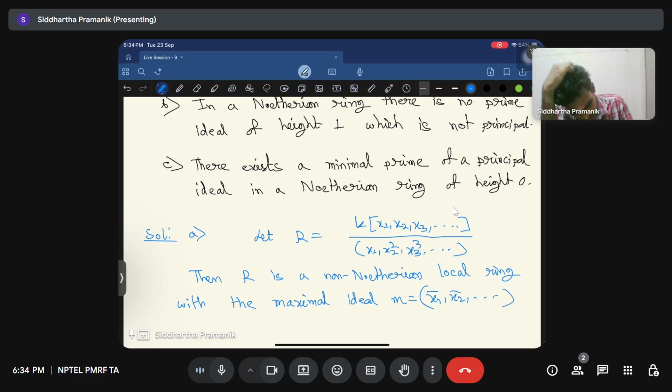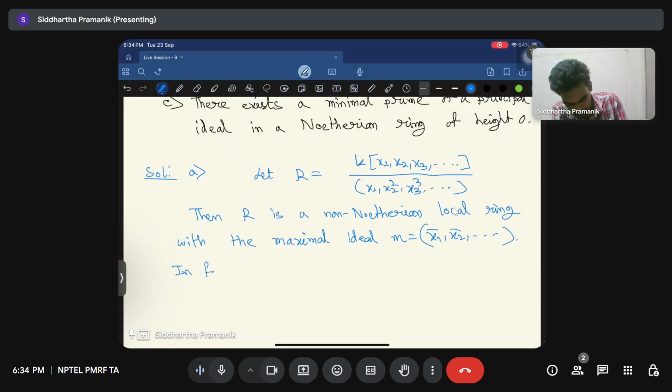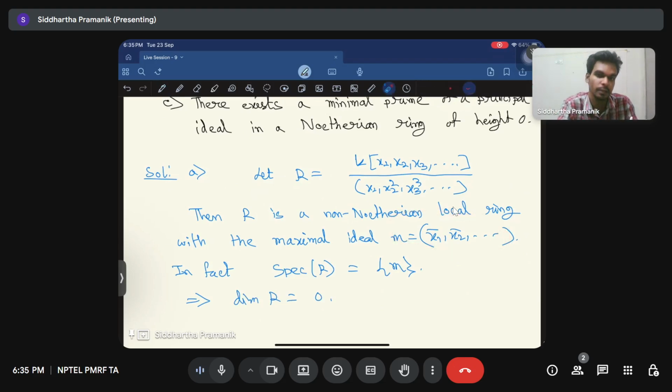In fact, this is the only prime ideal. In fact, the spectrum of R is just M. And we have already seen that this will imply that the dimension of R is 0. And it is non-Noetherian because this maximal ideal itself is not finitely generated, because we need infinitely many elements to generate it.